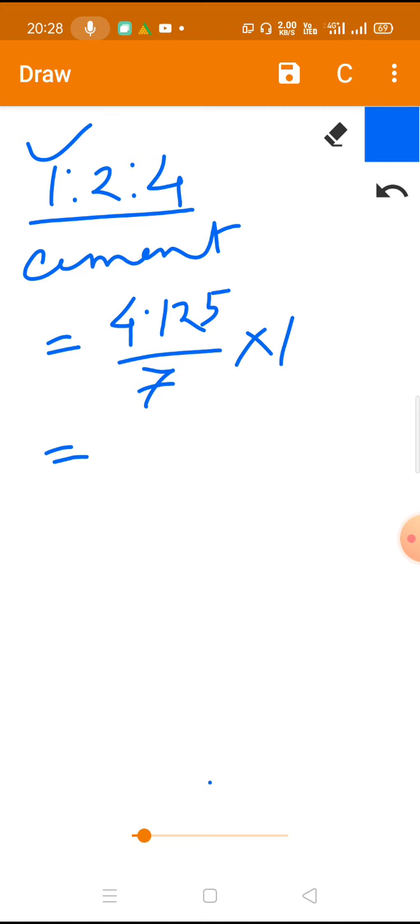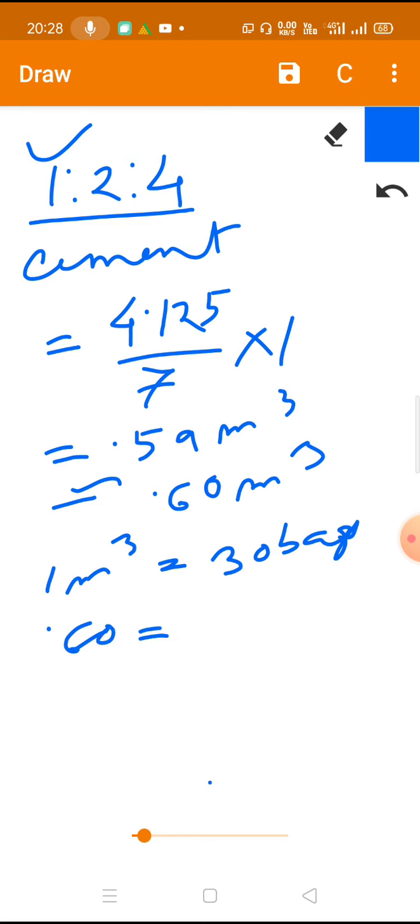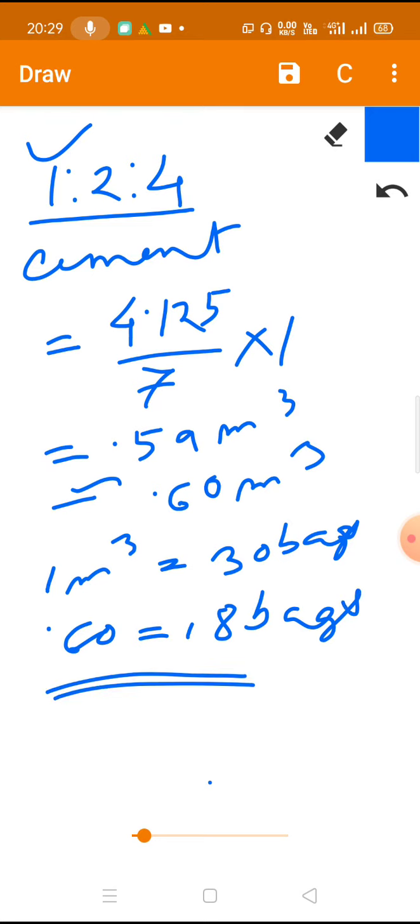What we get? 0.59 meter cube. We always take round figures, so 0.6 meter cube. 1 meter cube of cement is equal to 30 bags. So 0.6 meter cube is 18 bags of cement. So this is the total quantity of cement.